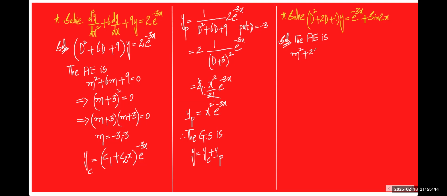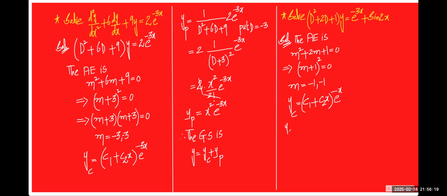M square plus 2m plus 1 is equal to 0, which is the expansion of (m plus 1) whole square equal to 0, which means we are getting two roots and both are the same. I'm skipping two steps here. Minus 1, minus 1. The way of writing the complementary function is (c1 plus c2 x) into e to the power of minus x.